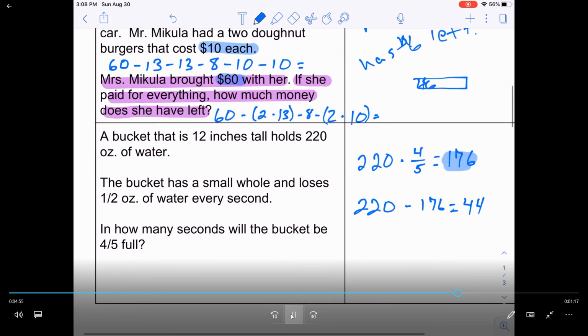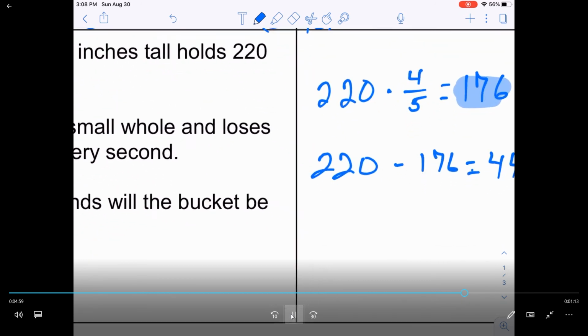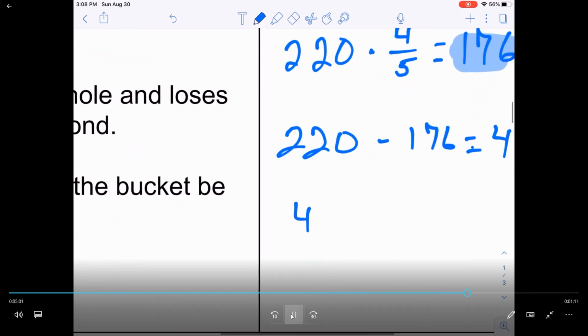Now I know how much water was lost. I can figure out how many seconds. Well, it loses a half an ounce per second. So I can take 44 and divide that by 1/2. I'm going to use the calculator too, but you also might remember that for fractions, you're going to keep the first one, change it to multiplication, and flip the fraction, which 2 over 1 is just simply 2.